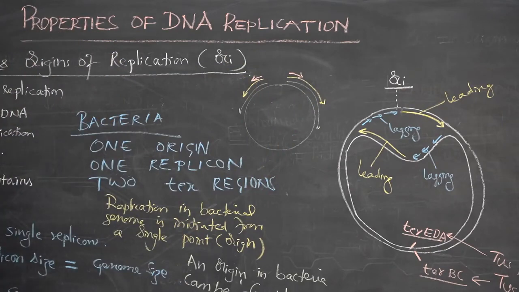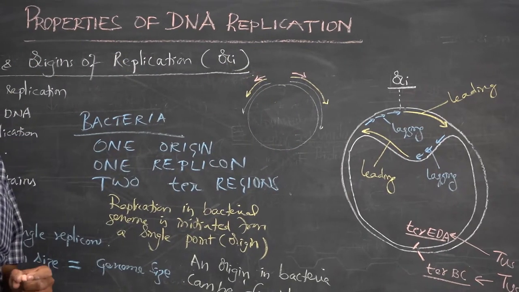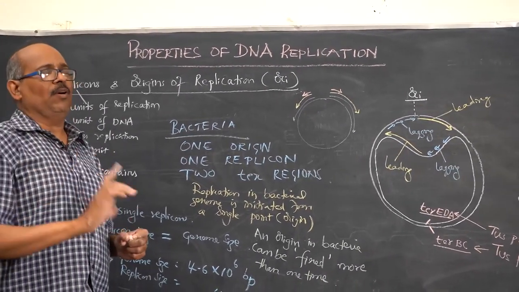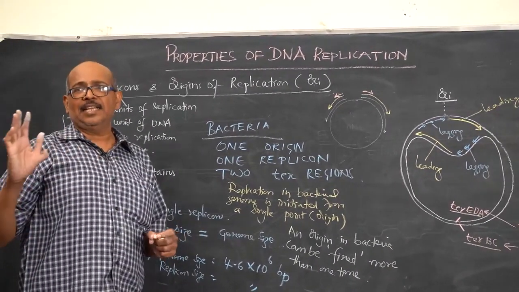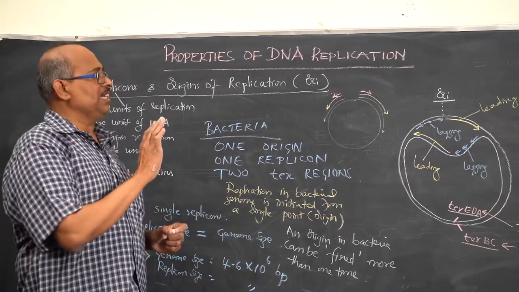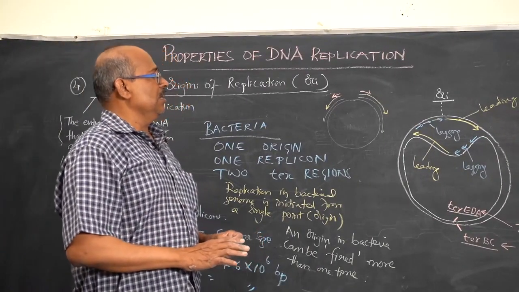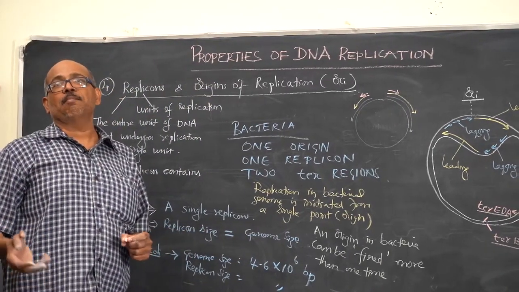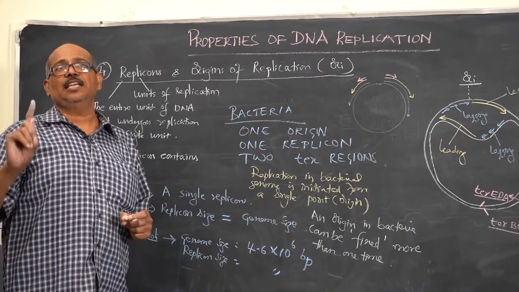So an origin can be used multiple times in bacteria. Bacteria have only one origin. Bacterial replicon is equal to bacterial genomic size. The entire genome can be subjected to replication multiple times at a single position.